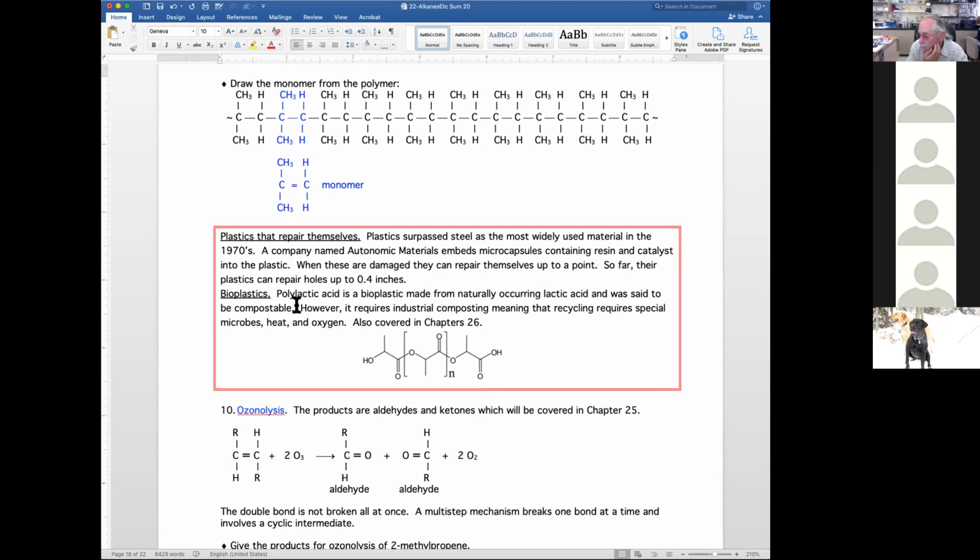I remember a couple of years ago, I took some of this and I put it outside under a rock, and I kept watching it for a couple of years, waiting for it to decompose, and it really never did decompose. So what they have to say now is they call it industrial composting, meaning that you need special microbes with their enzymes to break it down, heat, and oxygen to grow the microbes. Then it will break down.